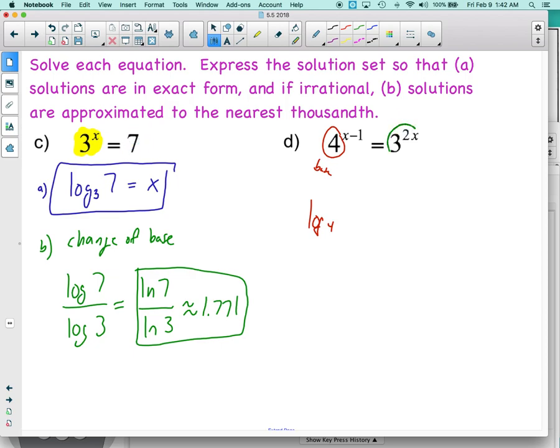So this 3 to the 2x power is going to become the argument when we put it over here. I'm going to put that in parentheses since it is all grouped together. And then the exponent became the answer when we go to the logarithmic form. So as we write this, it would equal x minus 1.